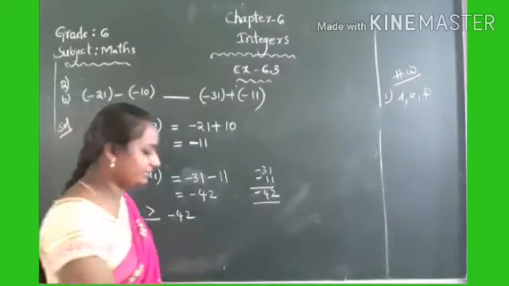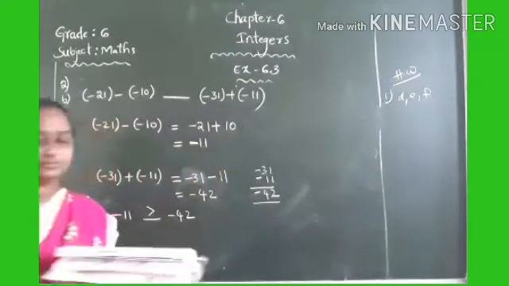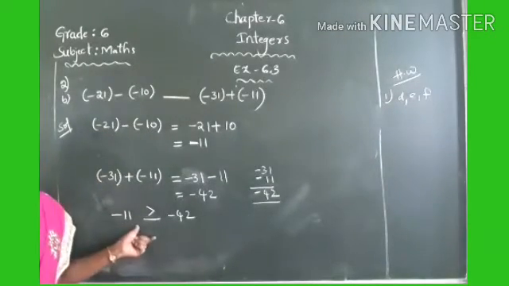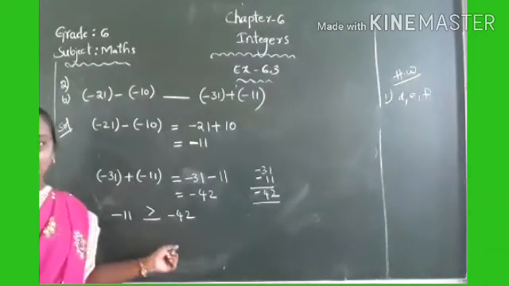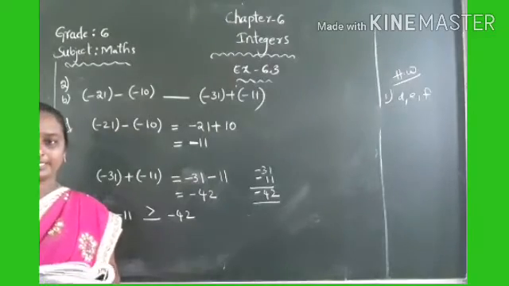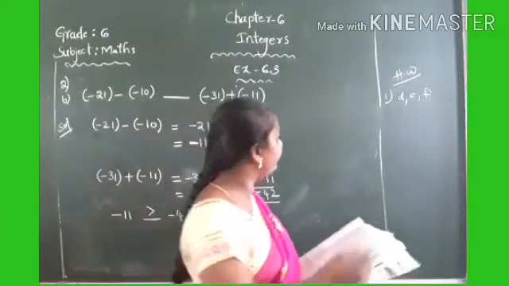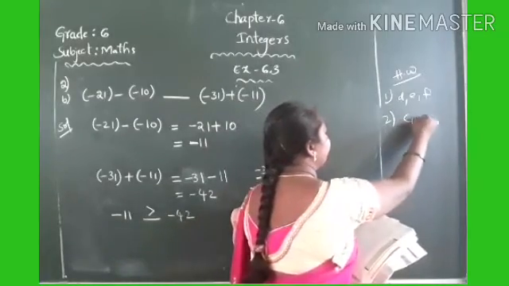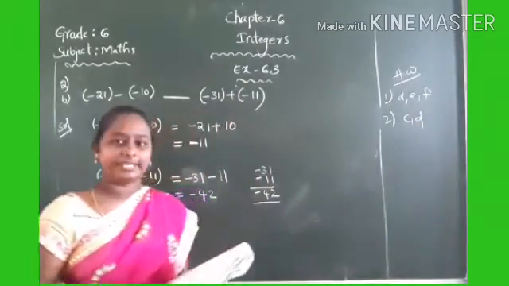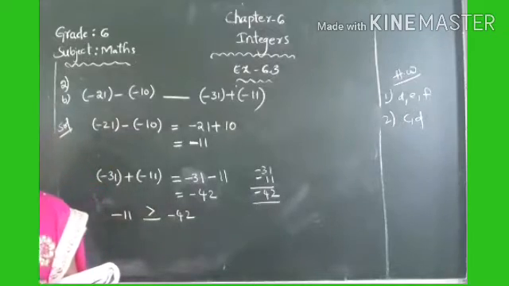Okay, children? I think it is very easy. I hope you can solve the remaining problems also. So note down C and D also as homework. C and D, right. Next, the same, third one.